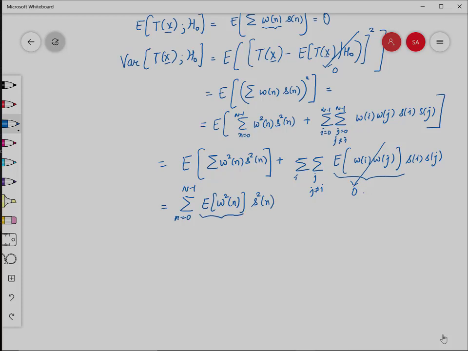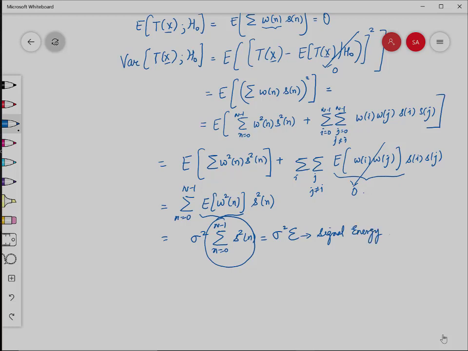Now the expectation of W square n is sigma square. So this is sigma square times the summation n goes from 0 to capital N minus 1 of S square n, and this we know is the signal energy, which we have defined to be E. Okay, so E is the signal energy.